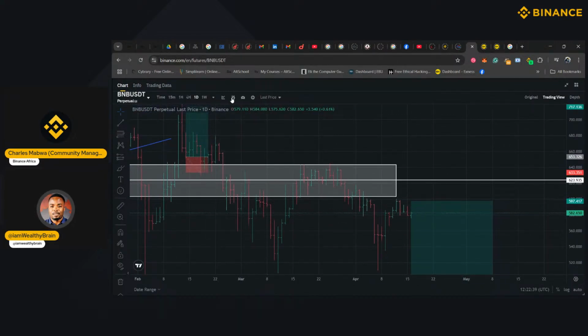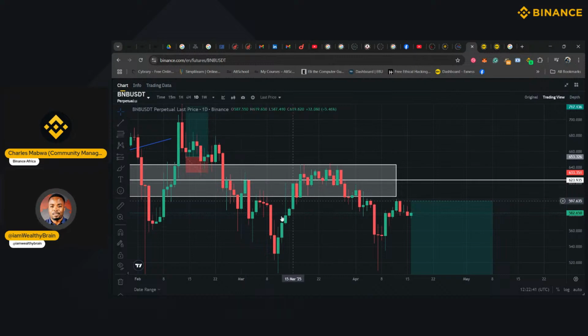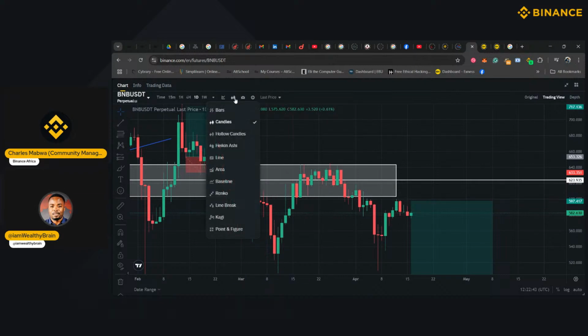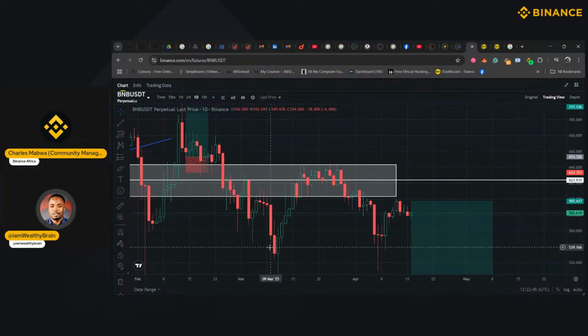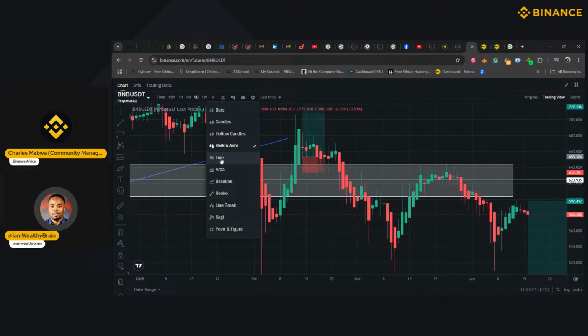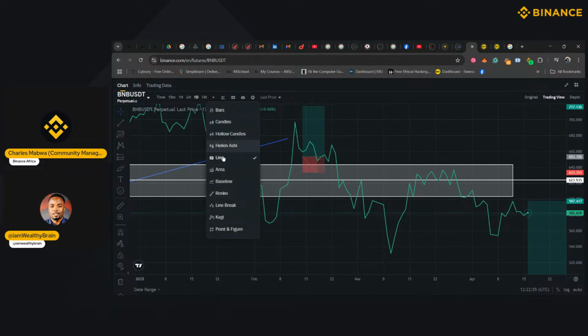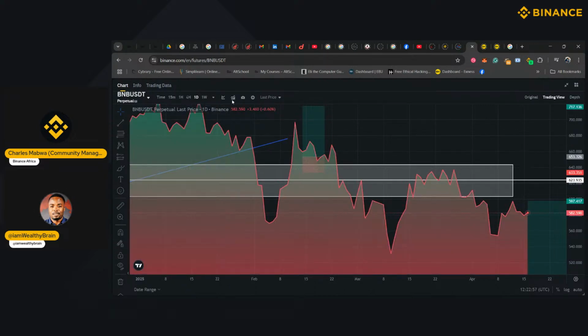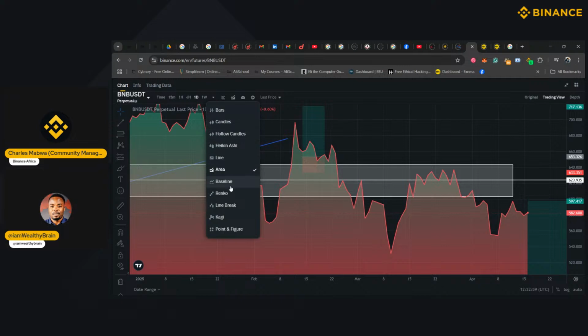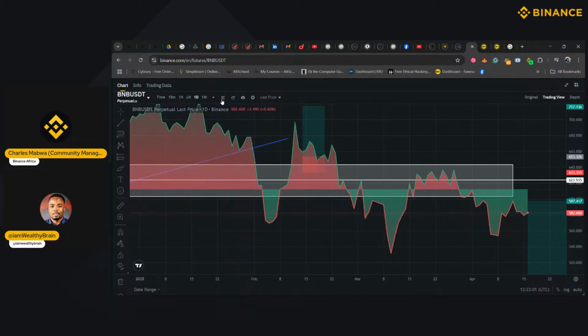Then we have the candles that look this way. That will be our main focus for today. We have the hollow candles, Fibonacci, the line chart, the area, and baseline.